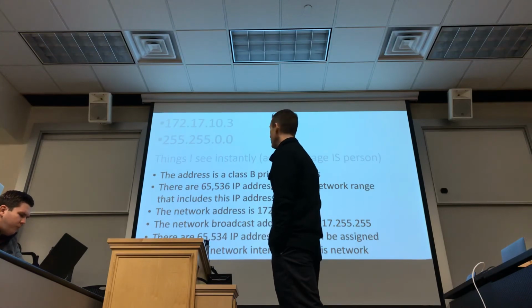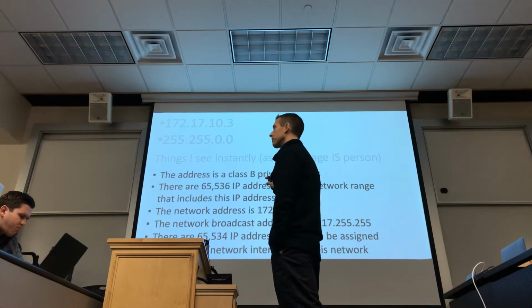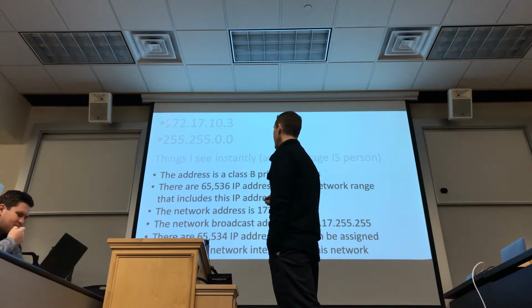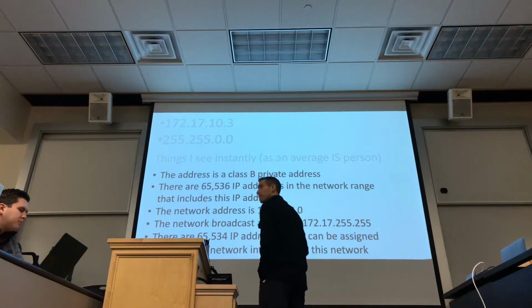That's all I know. It's possible that further up the food chain somebody was subdividing stuff, but we don't know anything else at this point. We don't know what happened before it got to here, how many times this address starting with 172 has been subdivided into networks. At the point that we get to here, all we know is our network.